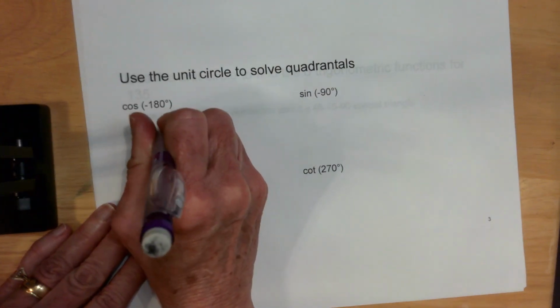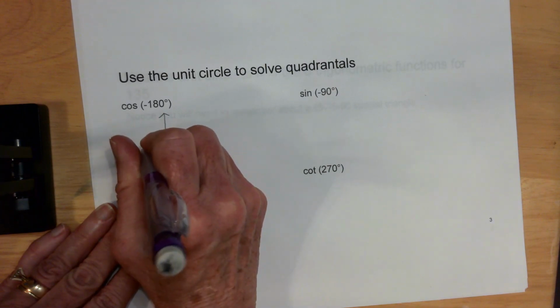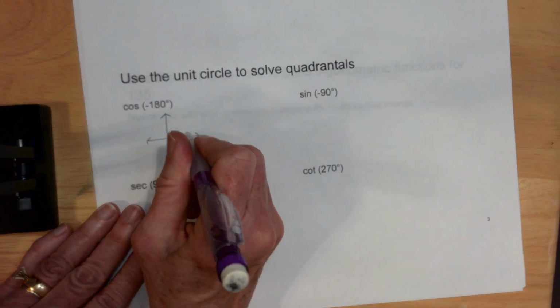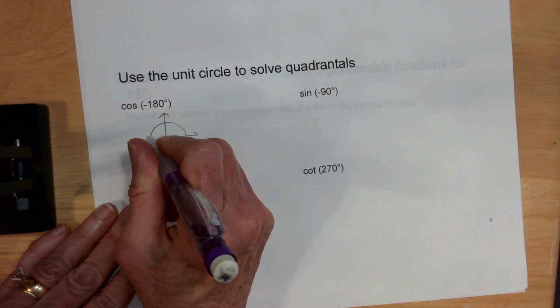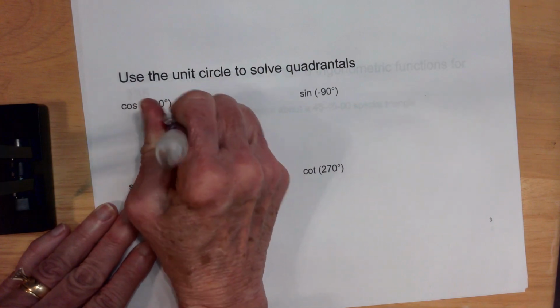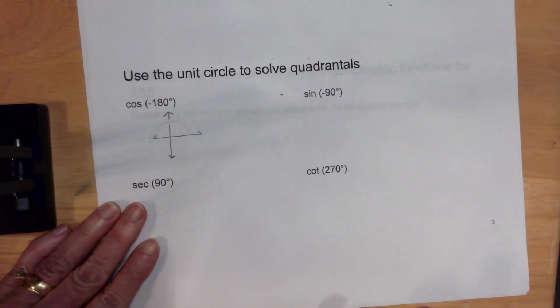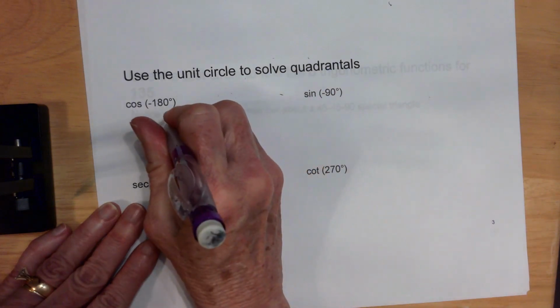Let's say I have a coordinate plane with a unit circle on it, and I want to go all the way over to there. Actually, I'm sorry, I went the wrong way. Because it's negative 180, it's going to end on the same spot.